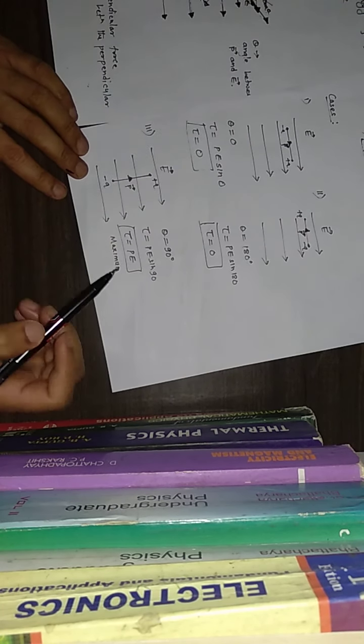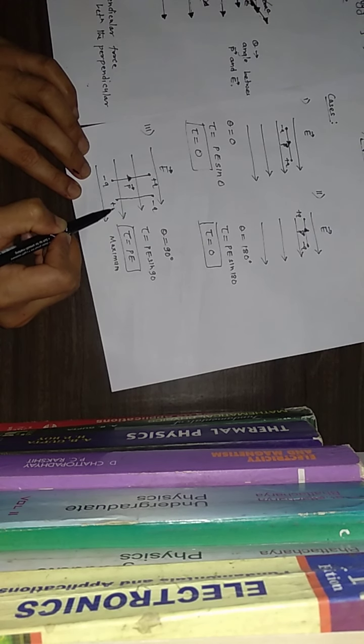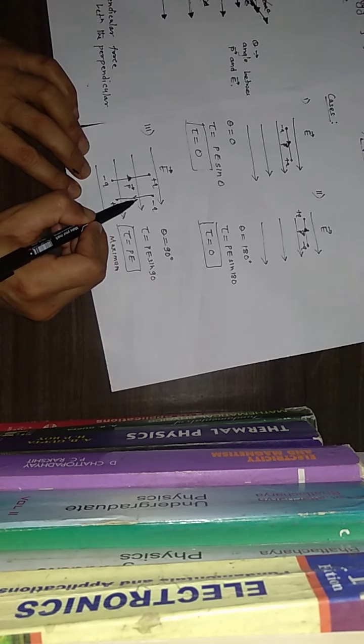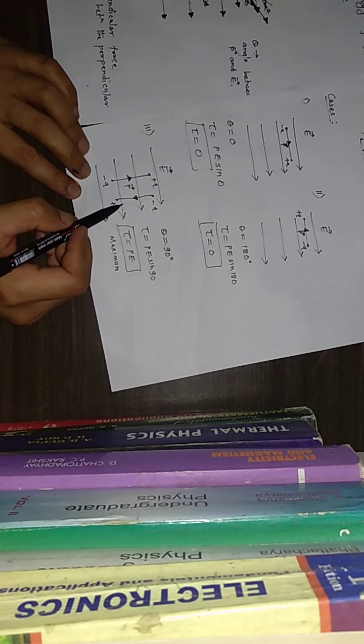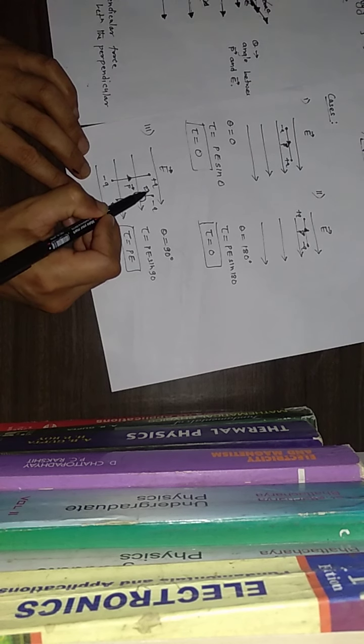Or you can even put it this way. This is the negative charge, and this is the positive charge. So P is in this direction, and the angle in this case will be 270 degrees.